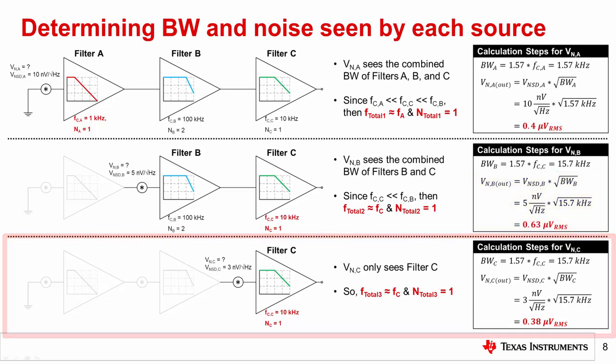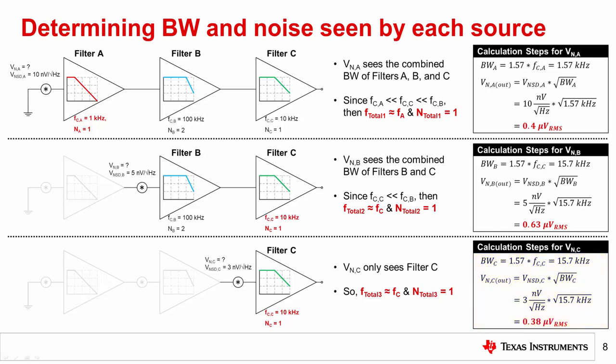Finally, on the bottom of the slide, noise source C is very straightforward since it only sees the frequency response from filter C. You can therefore use the 15.7 kHz bandwidth derived for filter B to determine that noise source C adds an RMS voltage noise of 0.38 microvolts to the system.